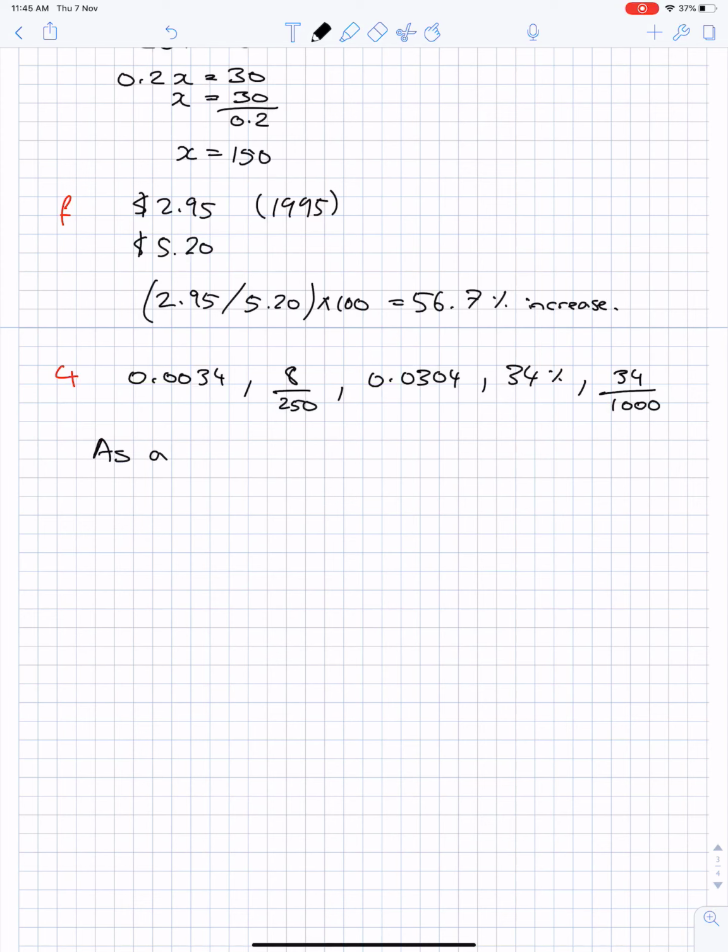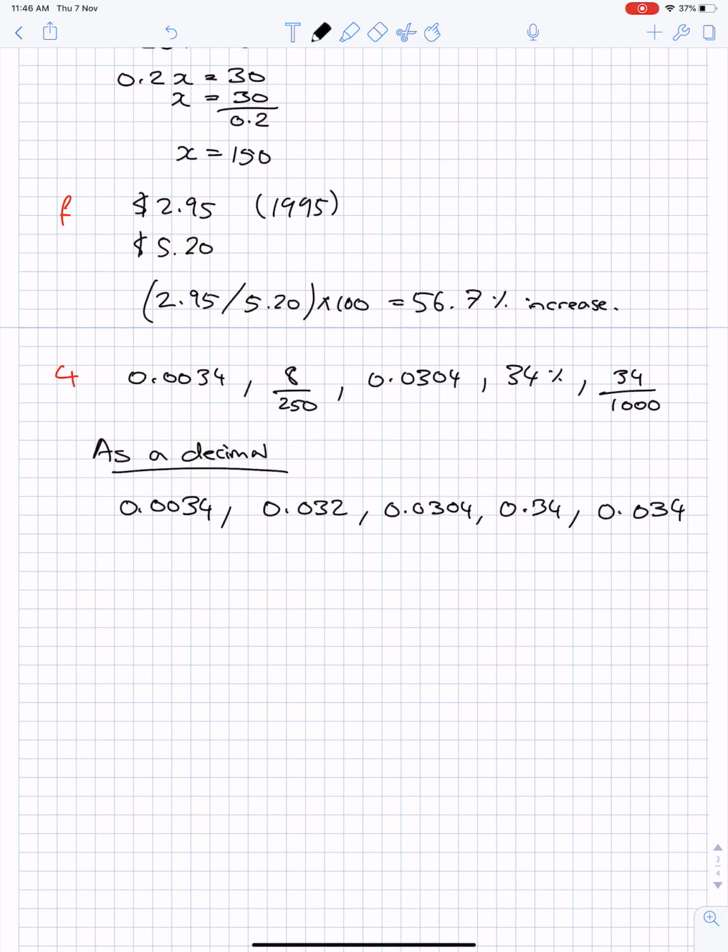So as a decimal, they would be 0.0034, and then using the calculator we can convert 8 over 250 into a decimal by going 8 divided by 250, and you get 0.032, 0.0304, and then remember 34% is 34 divided by 100, which is 0.34, and you've got 34 divided by 1,000, 0.034, right?